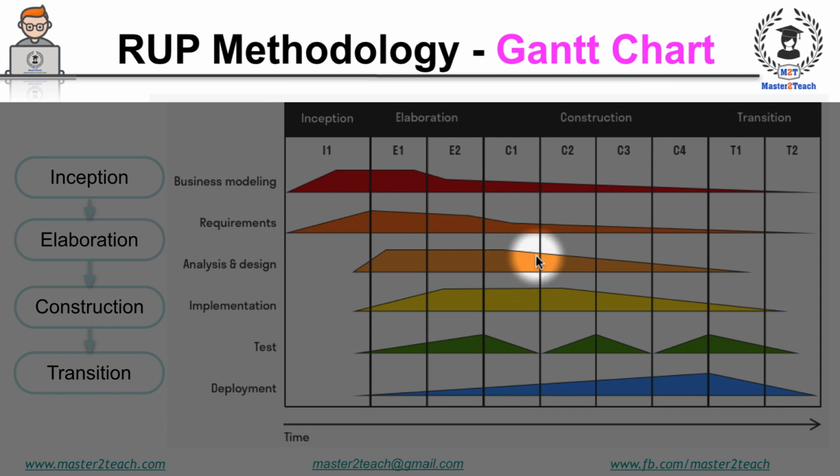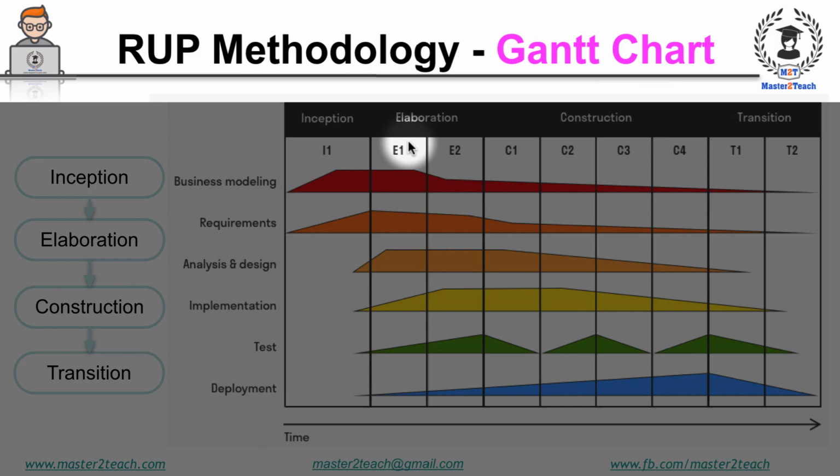Also note that it's not compulsory to end this phase. It will continue in the construction phase as well, but the workload will be less, as shown in the graph. Also from the graph, it's clear that many jobs will go on simultaneously, so there will be more overlaps between the activities.